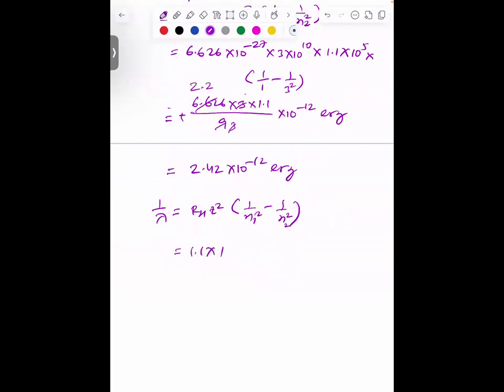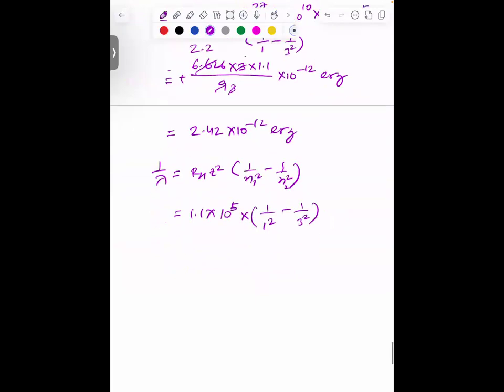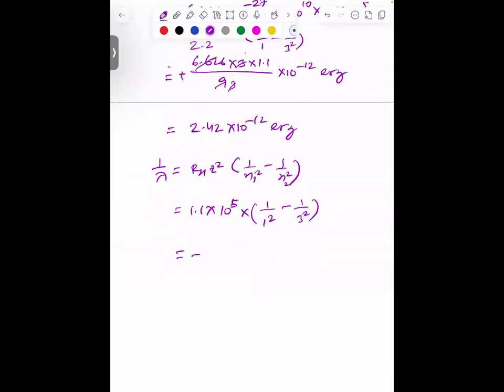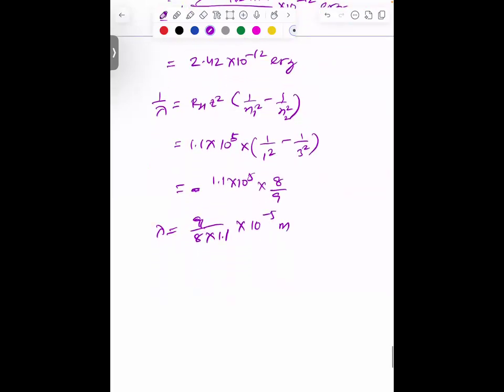So 1.1 into 10 to the 5 into 1 upon 1 square minus 1 upon 3 square, that is 1.1 into 10 to the 5 into 9 minus 1 upon 9, that is 8 upon 9. So lambda equal to 9 upon 8 into 1.1 into 10 to the power minus 5 meter.